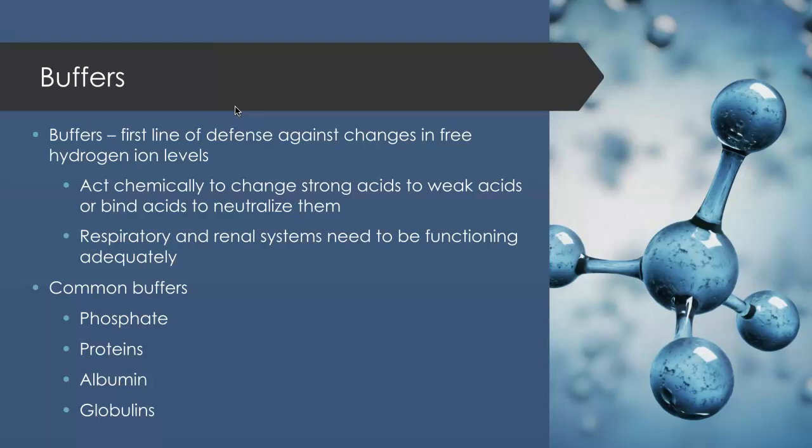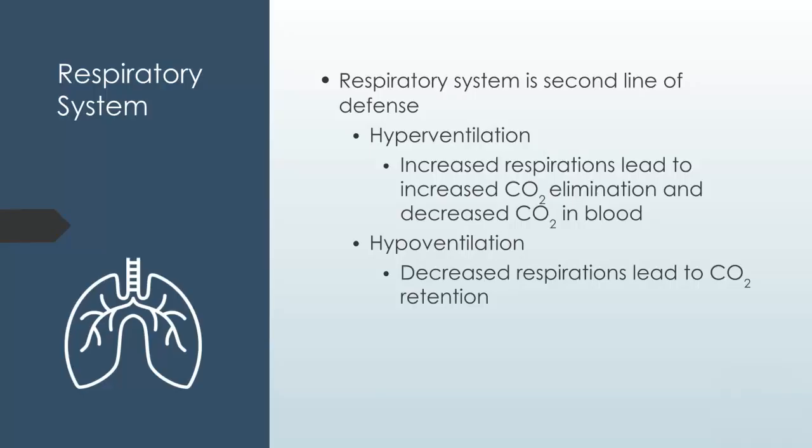It's not necessary for you to memorize the different buffers, but some of the common ones are phosphate, proteins, albumin, and globulins. Now, our respiratory system is considered the second line of defense. Hyperventilation, so breathing faster, is going to lead us to eliminate more CO2, or carbon dioxide.